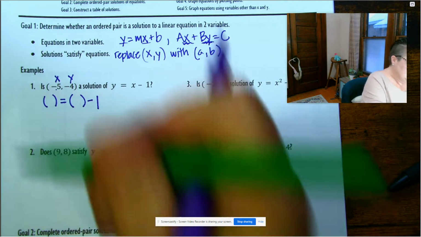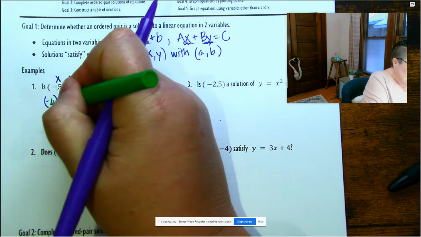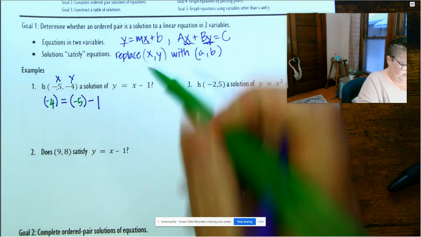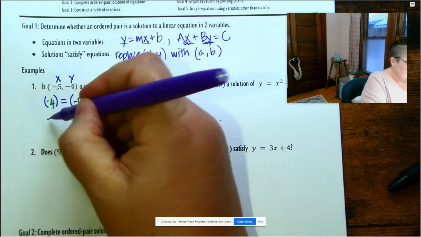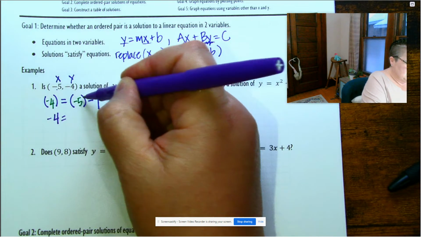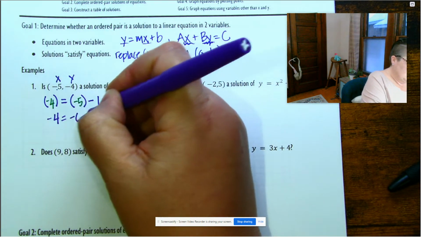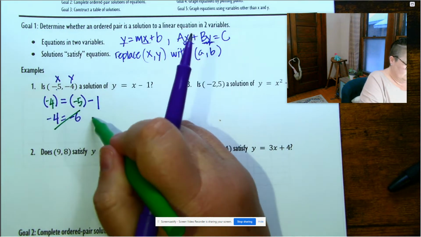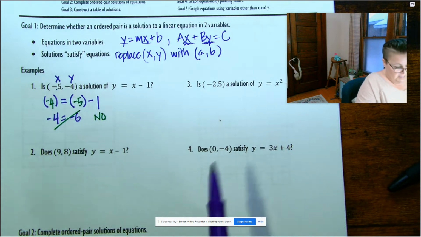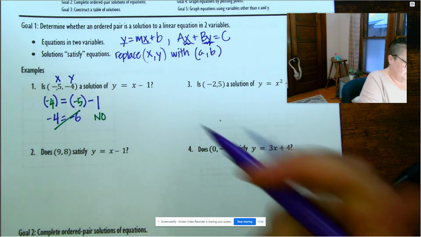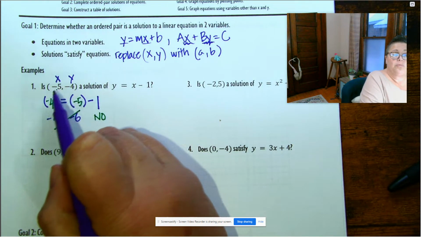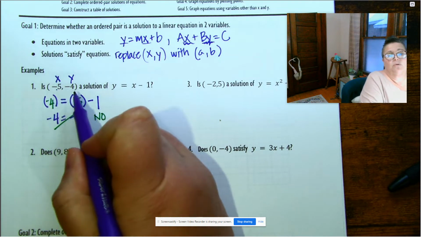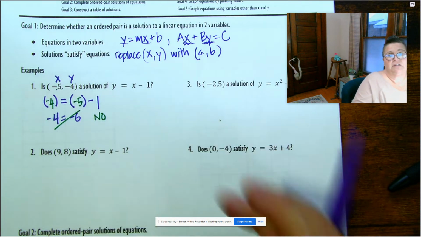So is 4 equal to negative 5 minus 1, or negative 6? That is clearly a no. Since the equation does not work with the values given by the ordered pair, we know that this ordered pair is not a solution of the equation.